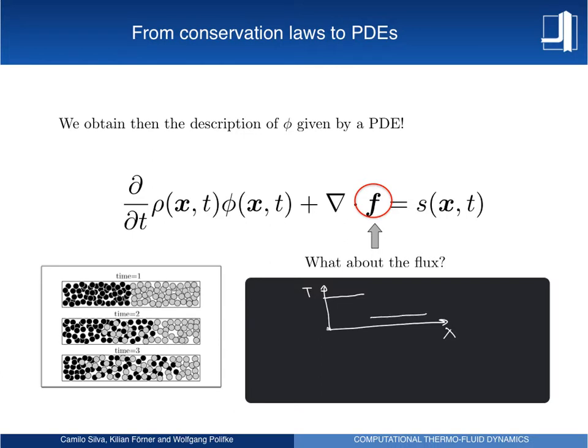Okay, this is a rod, let's say. So this is very high and very low temperature. In this sense, you realize that you have a very steep gradient, and this is what actually drives the diffusion flux.